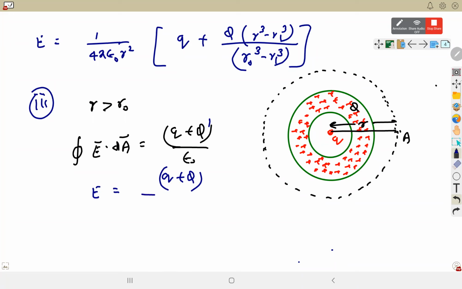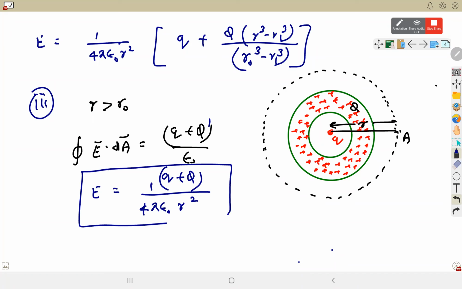So (Q plus capital Q) divided by 4 pi epsilon naught r square. So if we place a charge Q at the center of the cavity, then the electric field formula will change according to this. Clear? Okay.